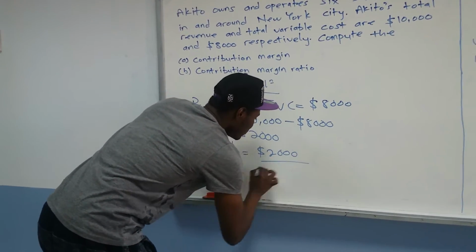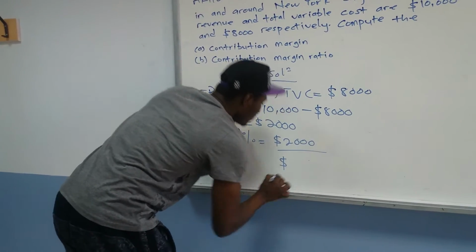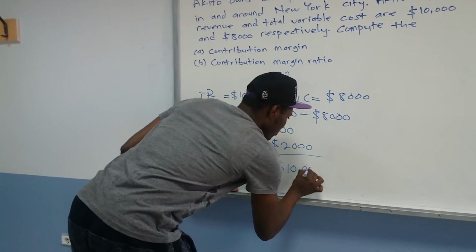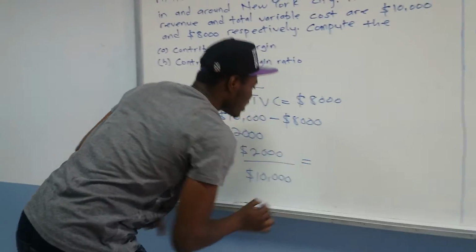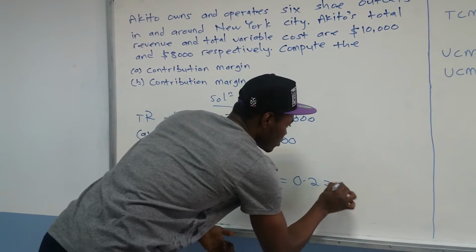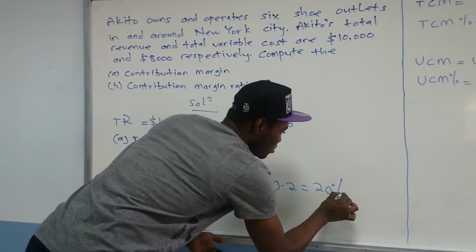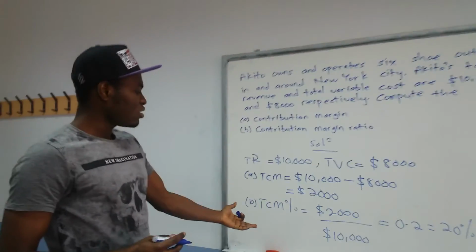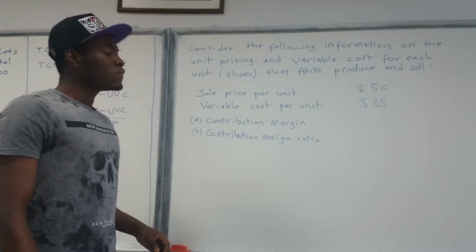We just divide it by our total revenue, which is $10,000. And when you do your calculation, you will get 0.2, which is equal to 20%. So that's it, guys, for our total contribution.